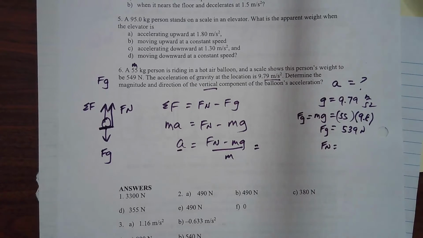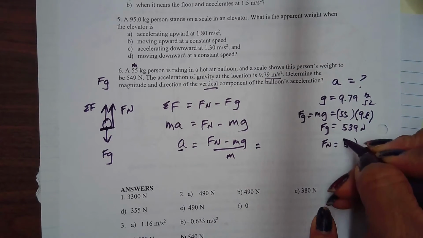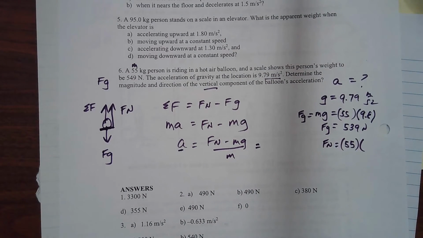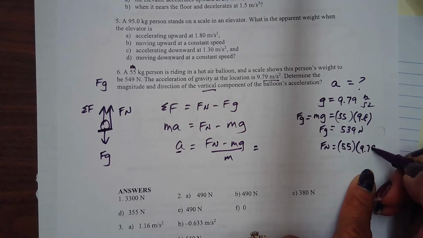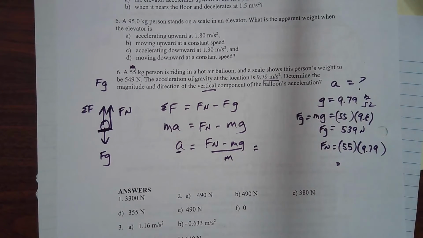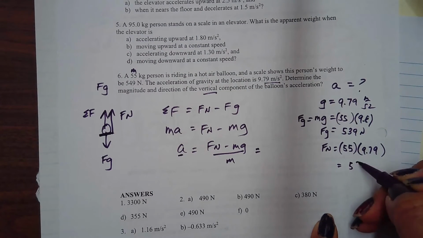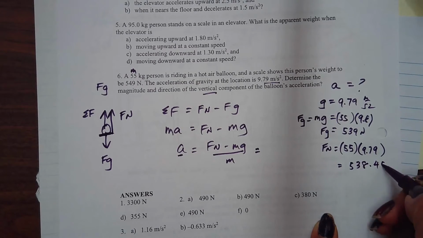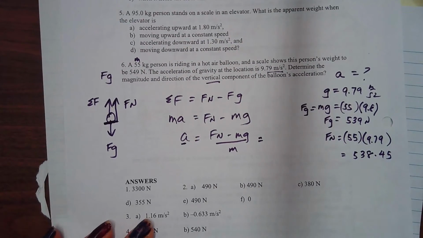What do we do for the Fn? We take the same mass of the person, 55. This time we use g, okay, so the g is 9.79. It's going to be a small difference, but it's different. So 55 times 9.79. The person's apparent weight is 538.45. Okay, so that's what we put for the Fn.